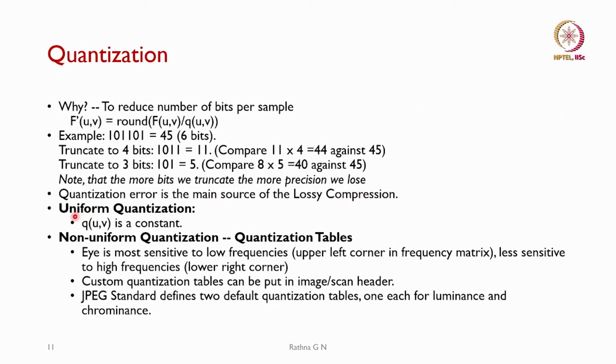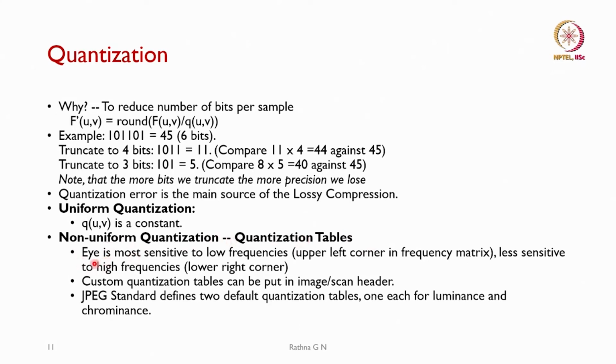I can do uniform quantization, where q(u, v) is a constant value, or I can do different ways of quantization. The other one is non-uniform quantization, where you use quantization tables, which is the reason why you have tables in JPEG compression.